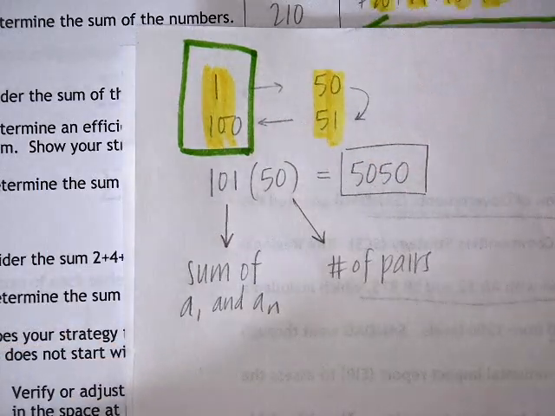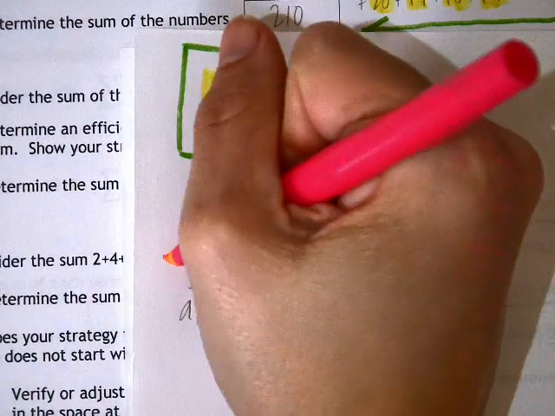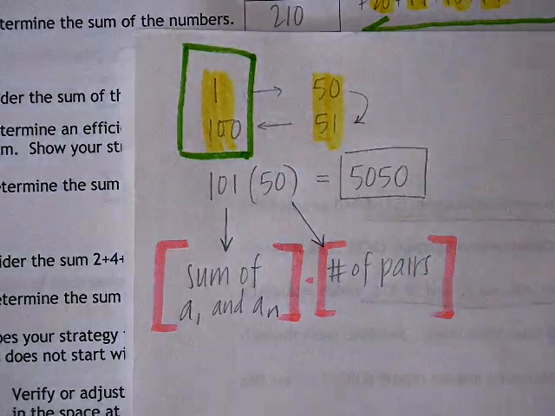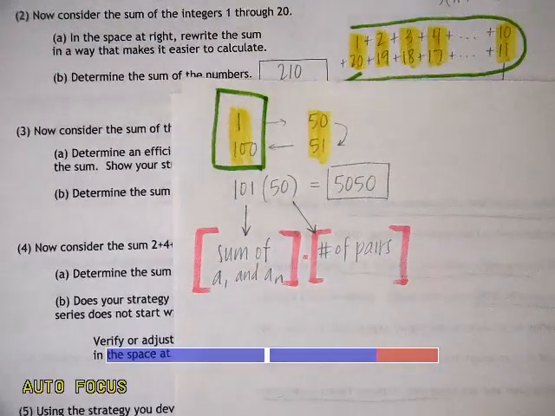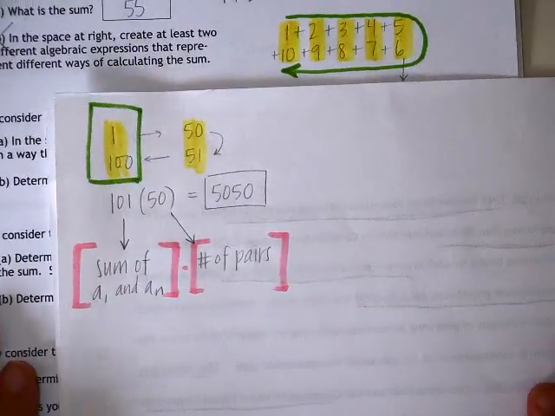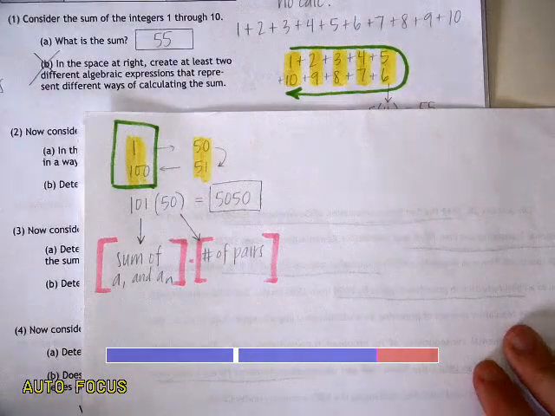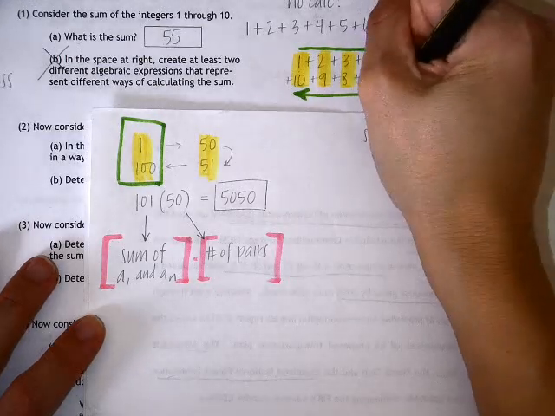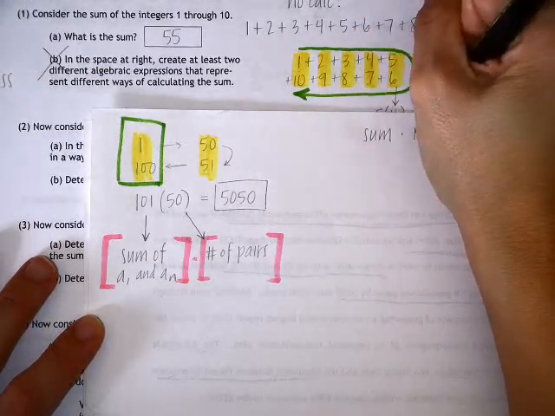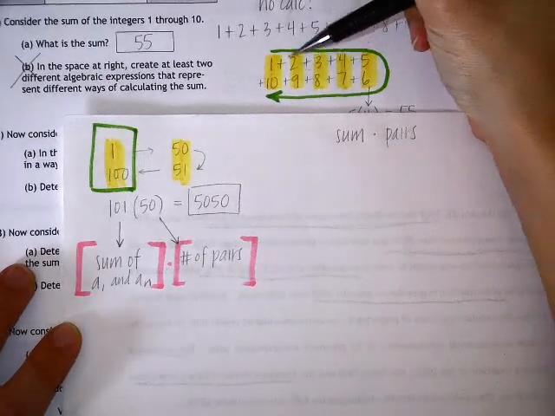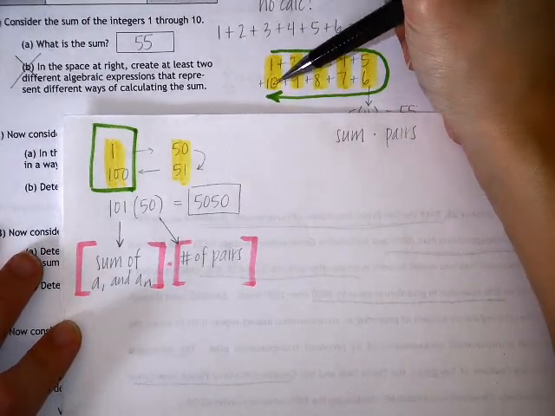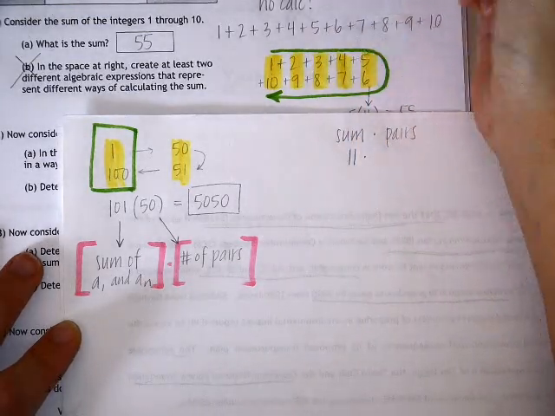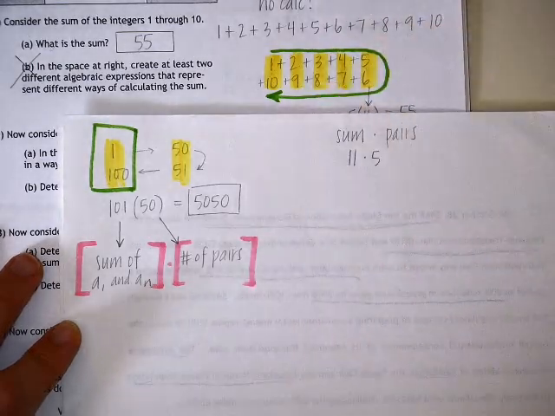So this strategy, to take the sum of a sub 1 and a sub n times the number of pairs, actually summarizes what we've done in all of the problems up to this point. If you go back and think about the example that we did in question number 1, regardless of which way you personally did it, you can see how this strategy could definitely work. The sum times the number of pairs refers in this case to the sum of the end numbers, first and last. 1 plus 10 is 11, times the number of pairs, 1, 2, 3, 4, 5 pairs of numbers, and that of course is 55.